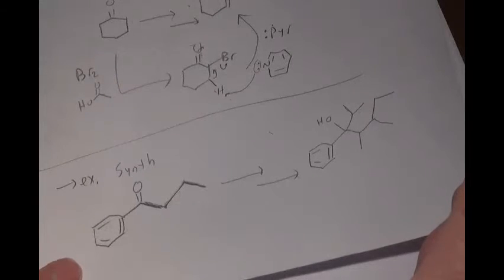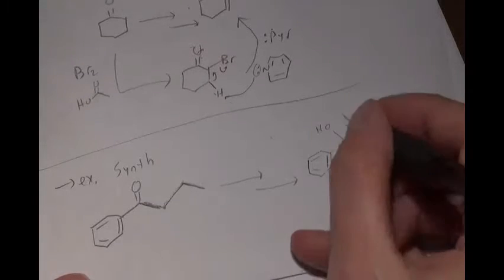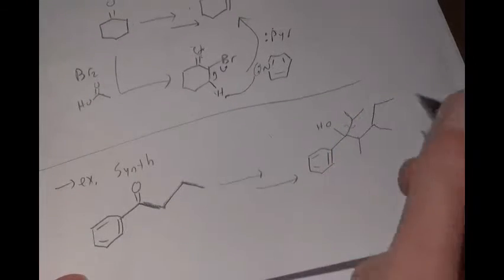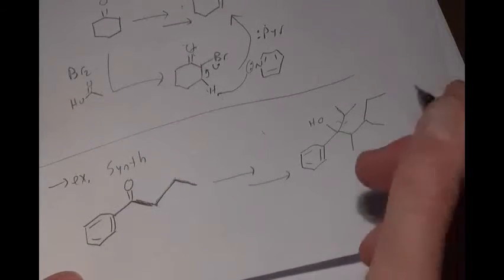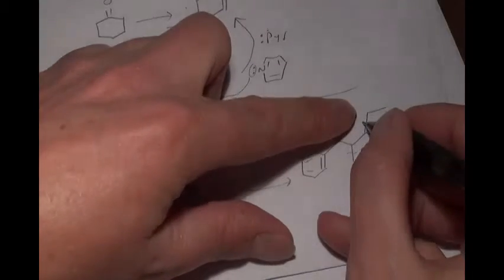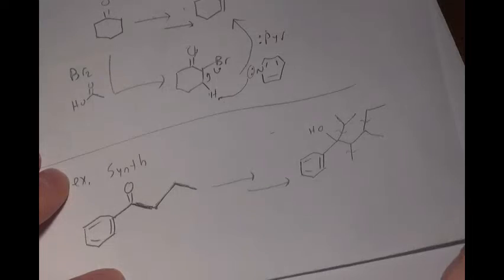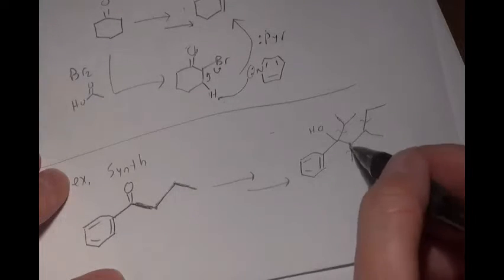We attached 3 things. What are the 3 things and what are the positions? We attached an isopropyl group where the ketone is. We attached a methyl group where the alpha position is. And we attached an ethyl group where the beta position is. So this is where the ketone is, alpha, beta.